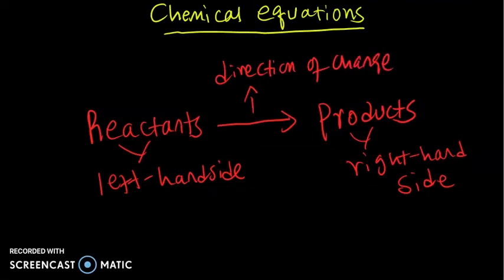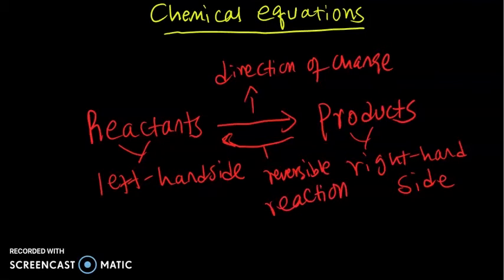This reaction right here is a one-way reaction. In some cases we can have a twofold reaction. We call that a reversible reaction in chemistry, because you can go from reactant to product and also from product to reactant.